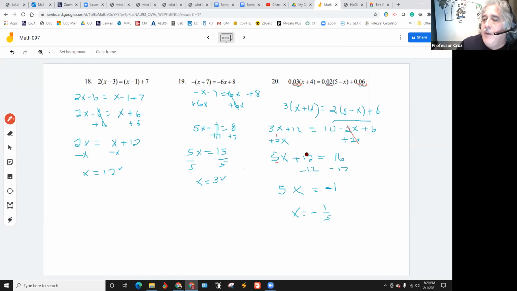Now, to get rid of that number there, 12, I undo it. Negative 12 to both sides. Whoops. That's right.